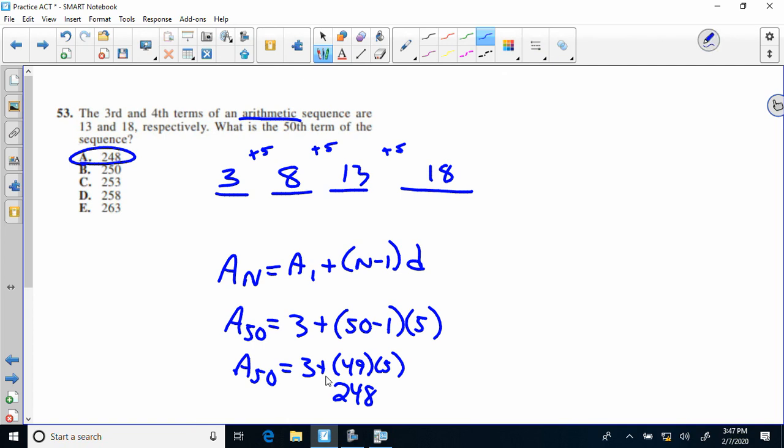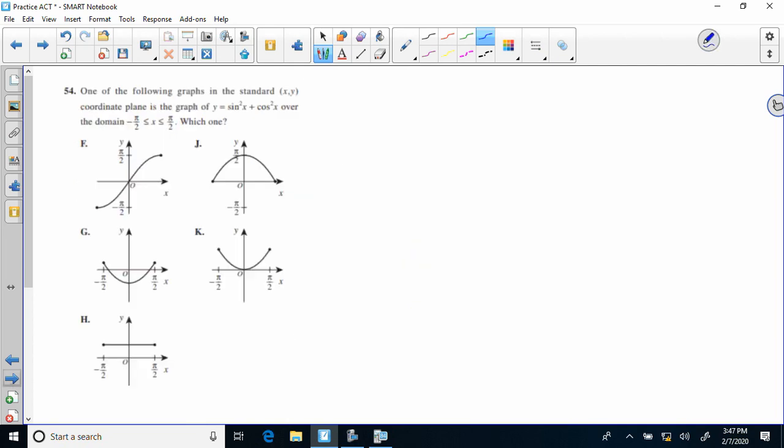Okay, number 54. It says one of the following graphs in the standard xy coordinate plane is the graph of y equals sine squared x plus cosine squared x over the domain of negative pi halves to pi halves, and which one is it? Two ways to do this, and it depends how much of your trig you remember.